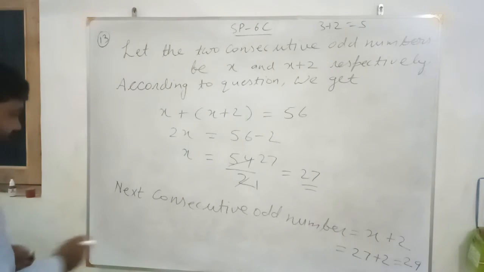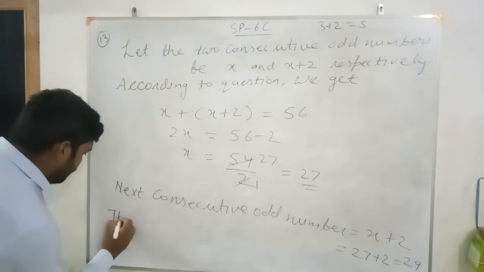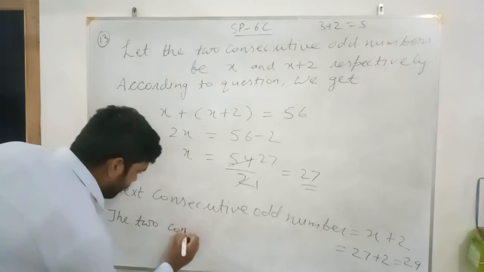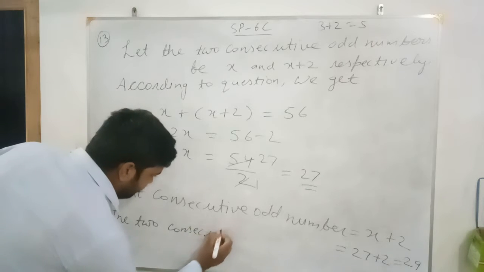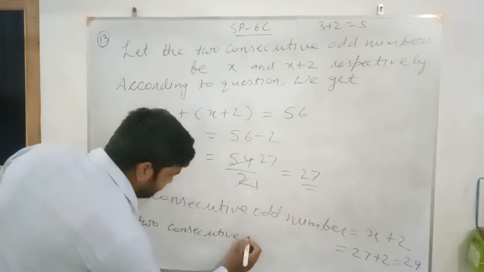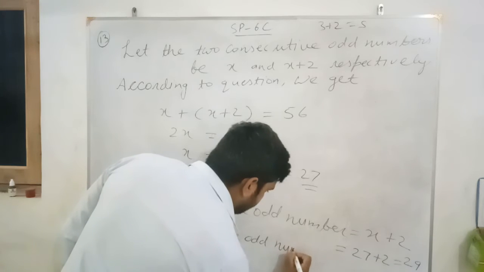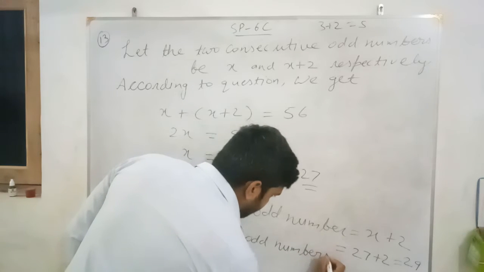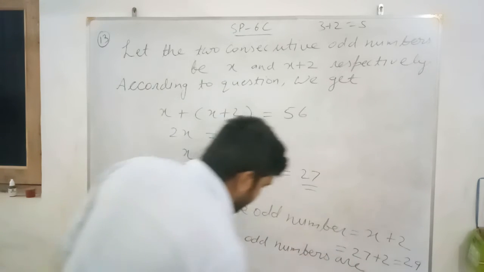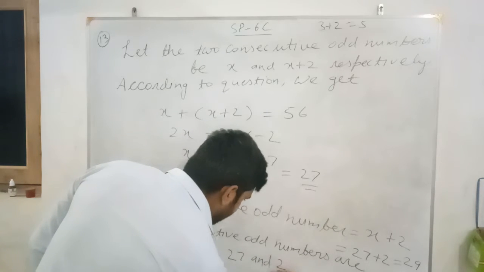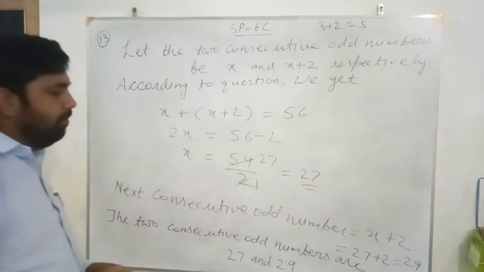So after that you write the answer like: the two consecutive odd numbers are 27 and 29.